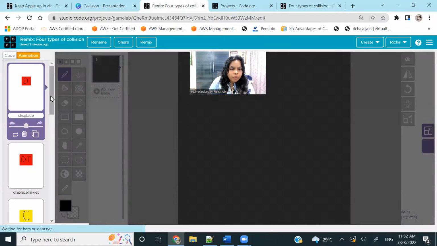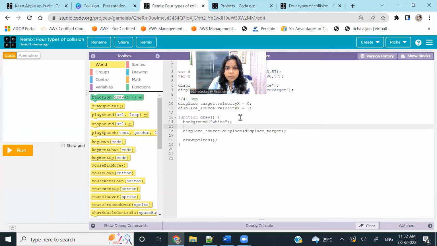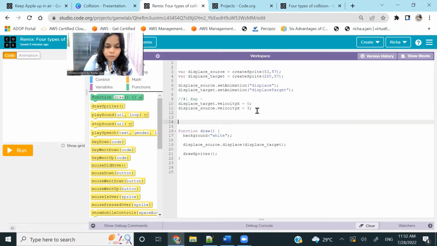I have already put up these two sprites, C and CT. C is for collide source and CT is for collide target. Let's write some code quickly. Put up two sprites, one for collide source and another for collide target.